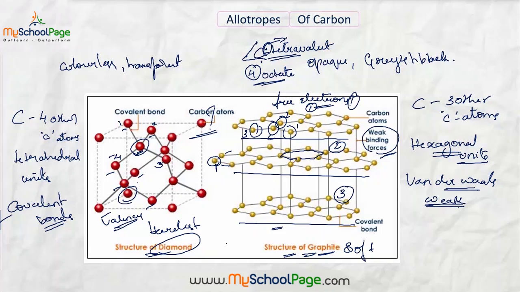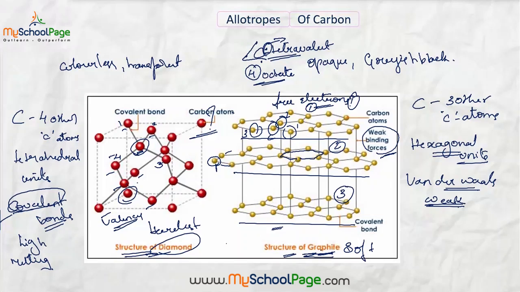Moving on, we also see that diamonds have a high melting point. What may be the reason for this high melting point? The reason for this high melting point is the presence of the covalent bonds. Observe that diamond is a network of covalent bonds. It doesn't have any other kind of bonds in it.